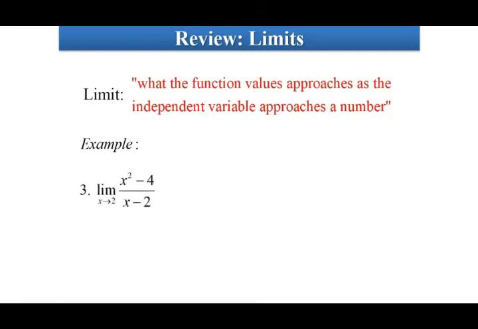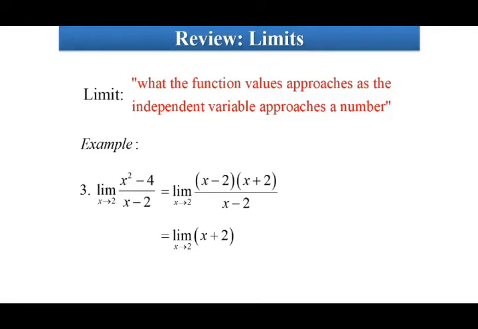So number 3, the limit of x squared minus 4 all over x minus 2 as x approaches 2. If we directly substitute 2, what will happen in the denominator? It will become 0, so it will be undefined. To avoid an undefined result, if the polynomial is factorable, we factor it, then we cancel the common factors.